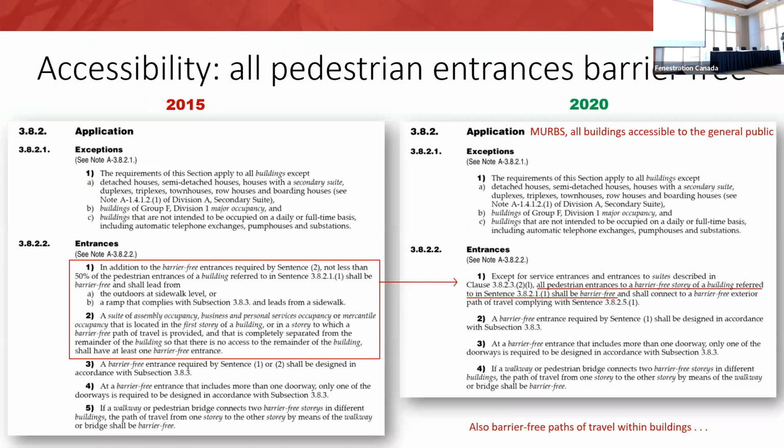Another interesting area is that all pedestrian entrances to a barrier-free story of a building referred to in sentence 3.8.2.1 shall be barrier-free and shall connect to a barrier-free exterior path of travel. So there are now defined barrier-free paths of travel within buildings, and they're greatly expanding the zones that are required to be barrier-free.